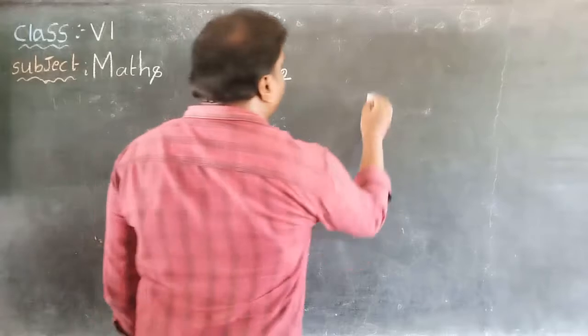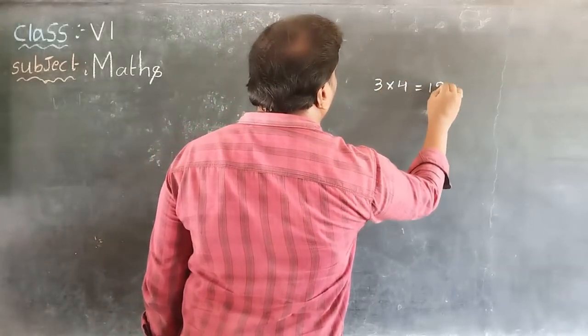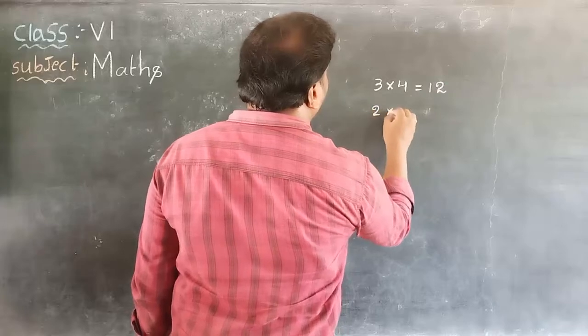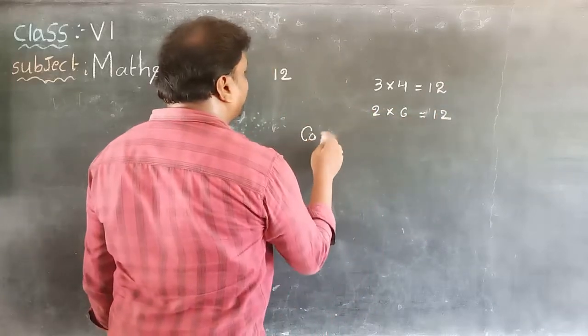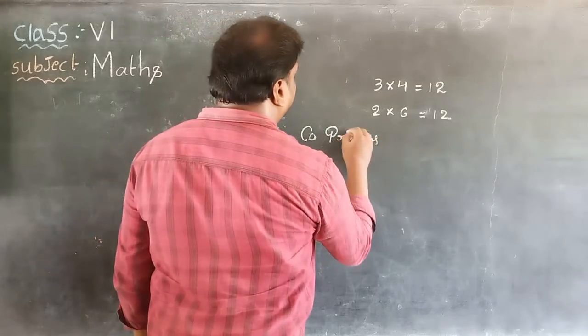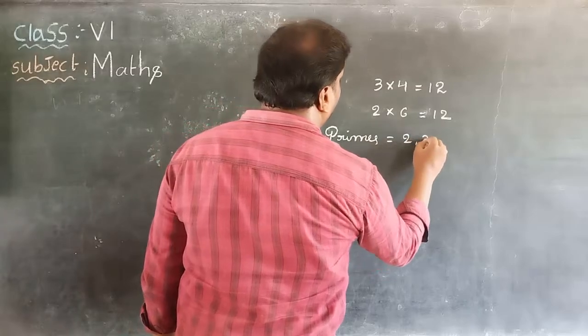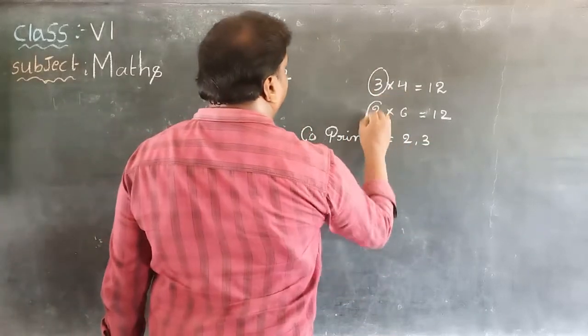12 is divisible by 3 also. Why? Because 3 fours are 12 and 2 sixes are 12. And the co-primes here are 2 comma 3.